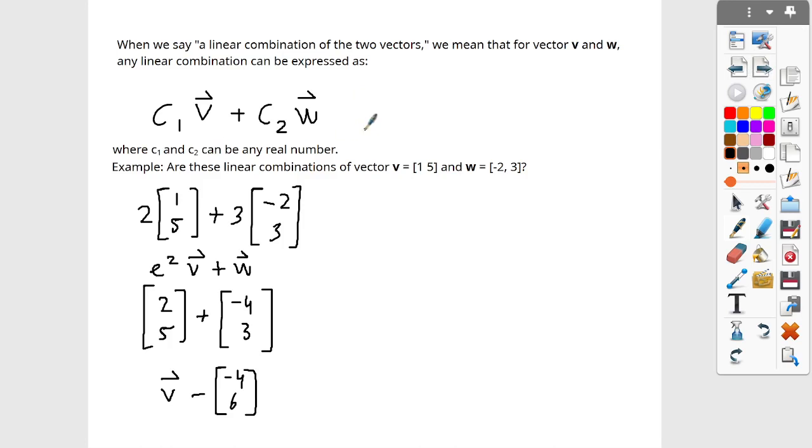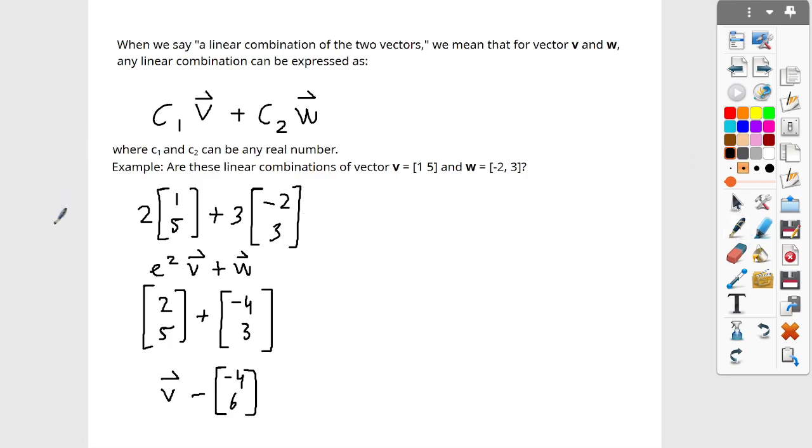But we usually deal with their component forms, which is 1 to the right and 5 up for this vector, and 2 to the left and 3 up for this vector. So we usually deal with their component forms, which direction they go right, which direction they go up, and whether or not they're negative, so they'll go the opposite side, or not.